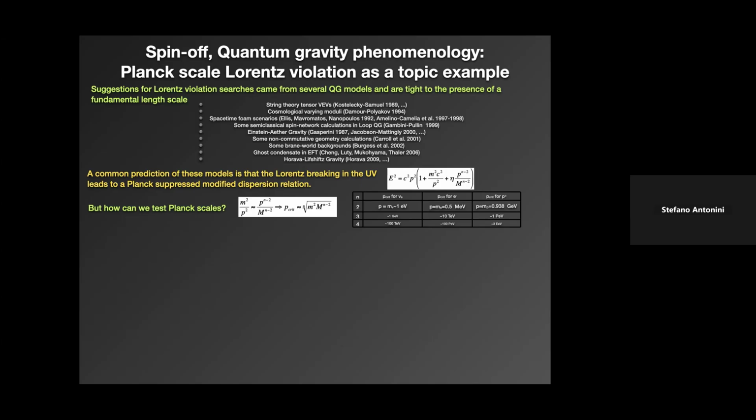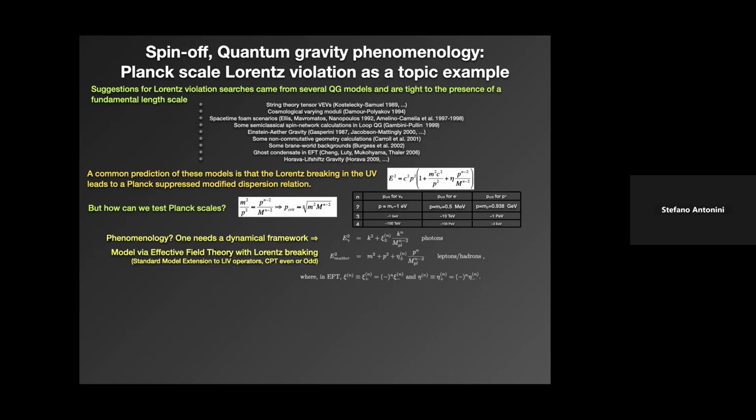You have to compare the mass term, which determines the threshold, to the Planck suppressed term. And you see that for electrons, if n is equal to 3, instead of the previous dispersion relation, n would be 4, you need 10 TeV. 10 TeV is something that you can achieve in high energy astrophysics. So you have the window of opportunity to test.